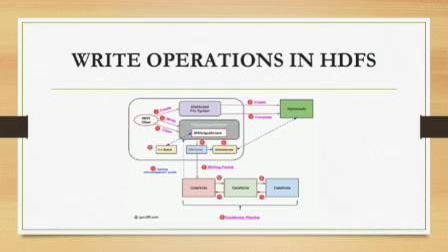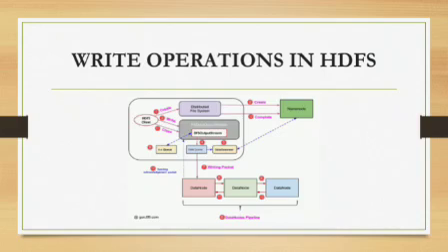The data write method is invoked in step 3 of the diagram. FSDataOutputStream contains a DFSOutputStream object, which looks after communication with the data nodes and name node. While the client continues writing data, DFSOutputStream continues creating packets with this data.